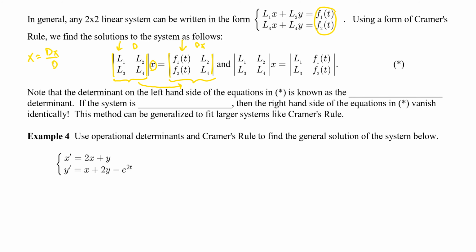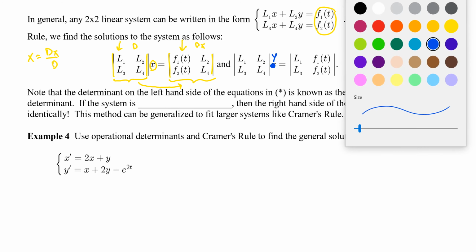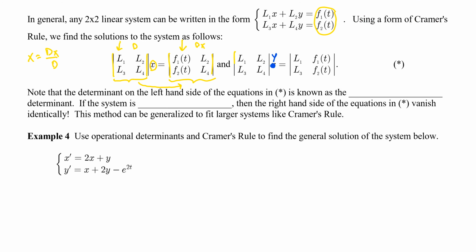Similarly, over here in the second equation, whoops, please correct a typo. That x is supposed to be a y. So we have our coefficient matrix there on the left side, same as what it was for x. And then on the right side, notice we have taken the constants of the system and replaced y's column. If we were to solve for y, this would look like D sub y over D from Cramer's rule. So we just have it written a little bit differently.